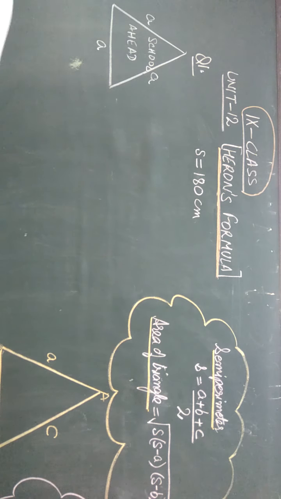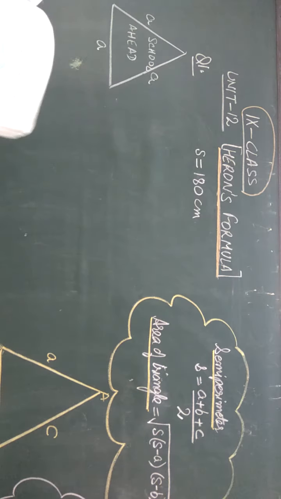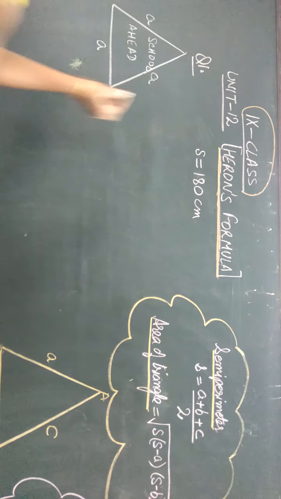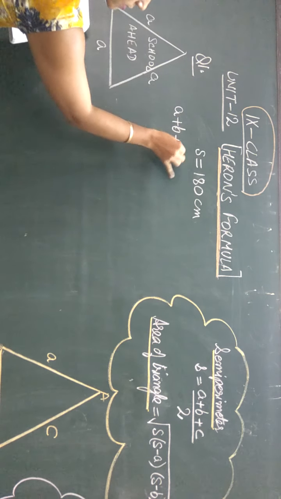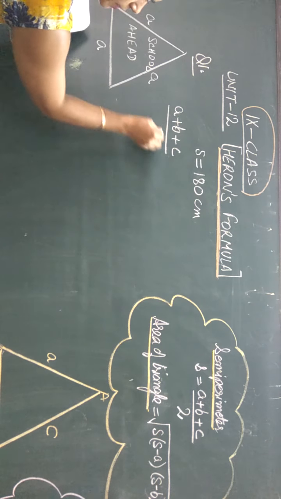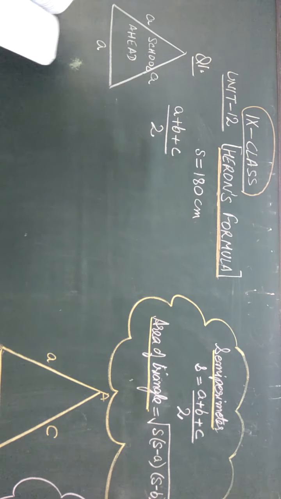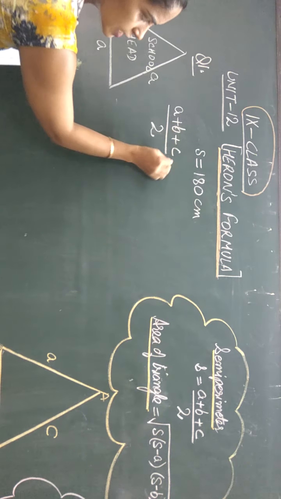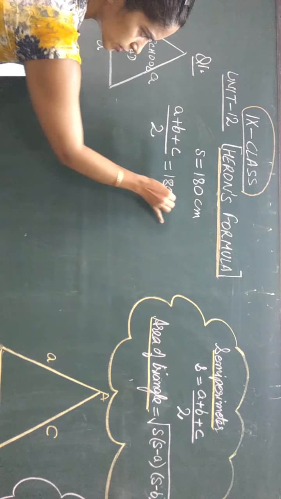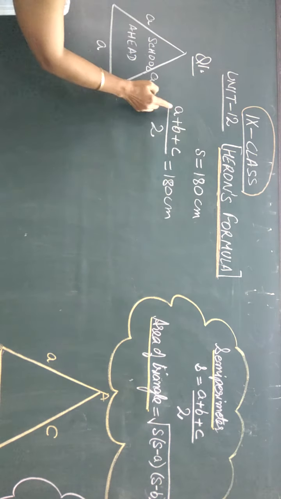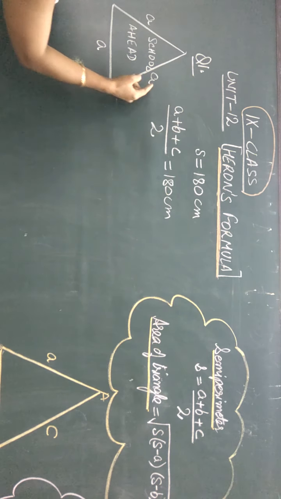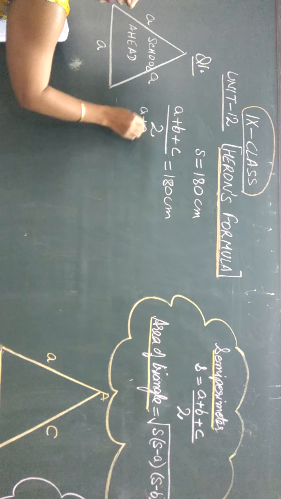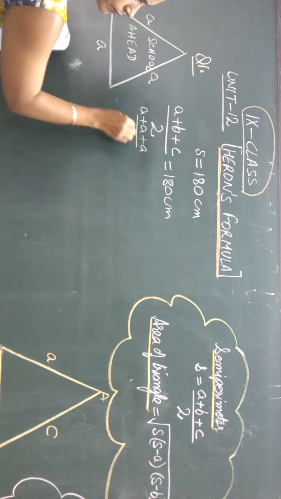Because the perimeter is given to us, we will first use the formula of semi-perimeter. It is a plus b plus c divided by 2 because it is semi, and this is equal to 180 centimeter. But here a is a, b is a, c is a. So we will place a everywhere.